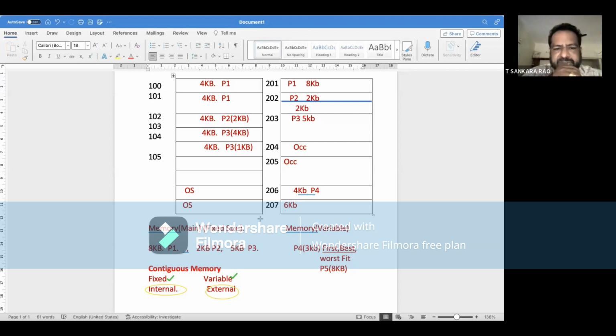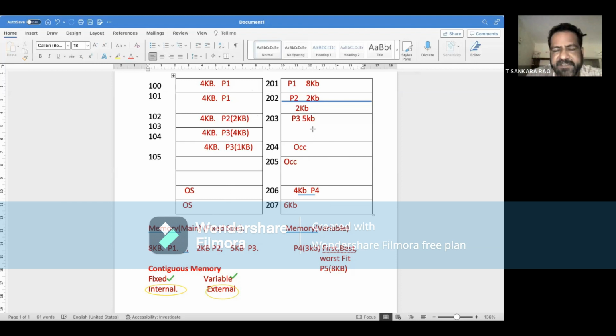What is the solution for this? How can you accommodate this P5 8 KB if we get some relaxation or flexibility? Can anyone suggest? This is very important. I repeat my question. In contiguous memory allocation, we have fixed size and variable size. In the fixed size, we have the drawback of internal waste.